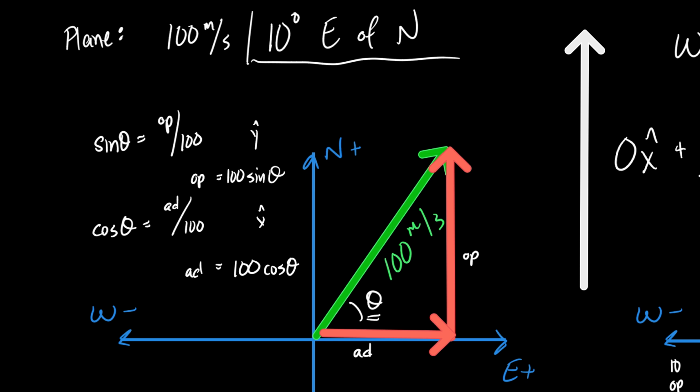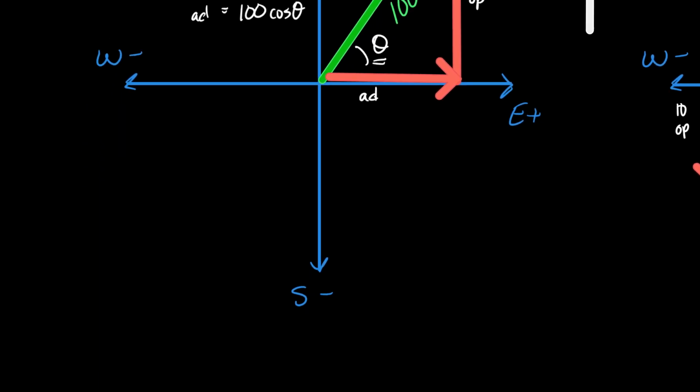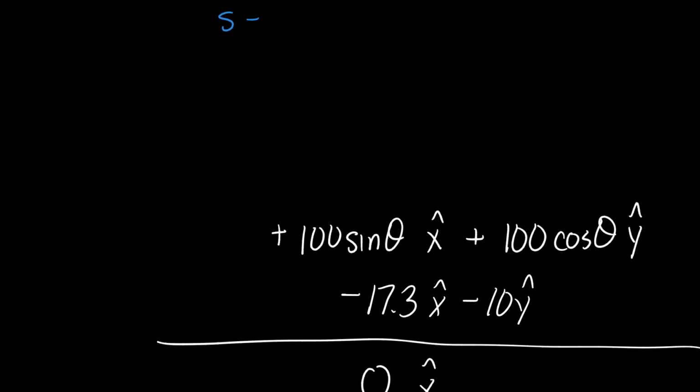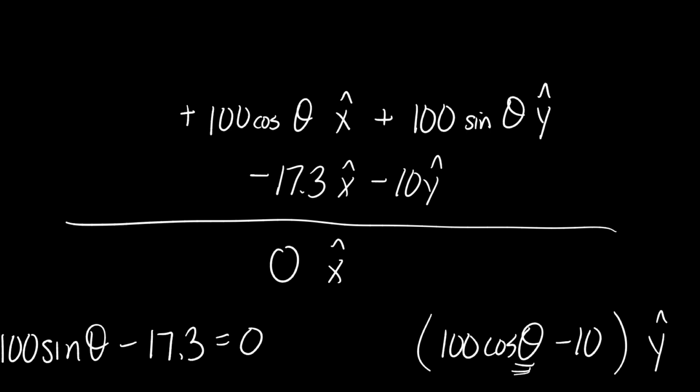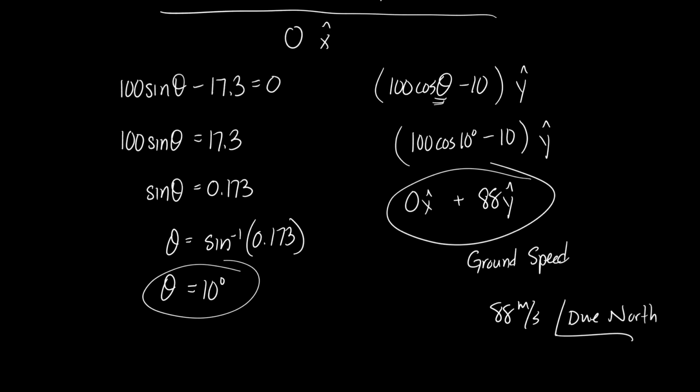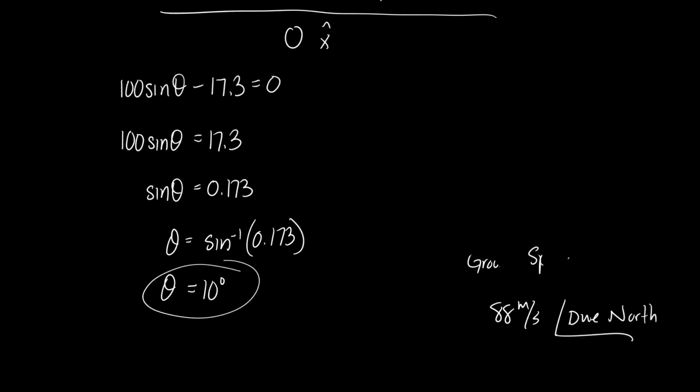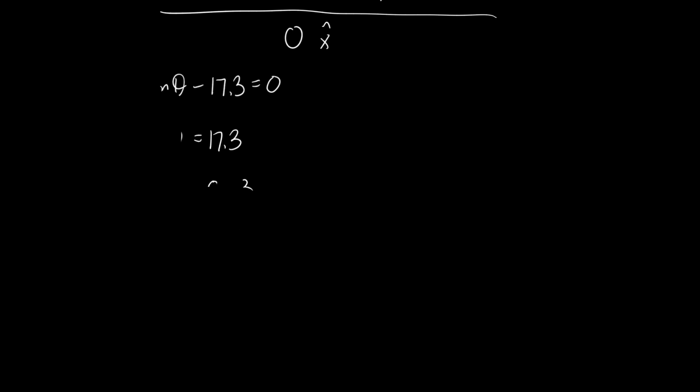All still good until we come down here, where these would be reversed. Where this one would be the one that's cosine and this is the one that's sine. Right? So get rid of all this, we'll start fresh.